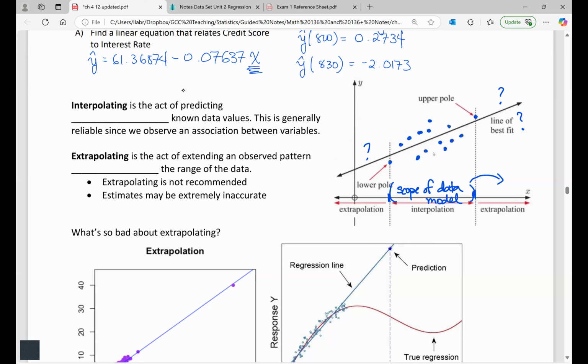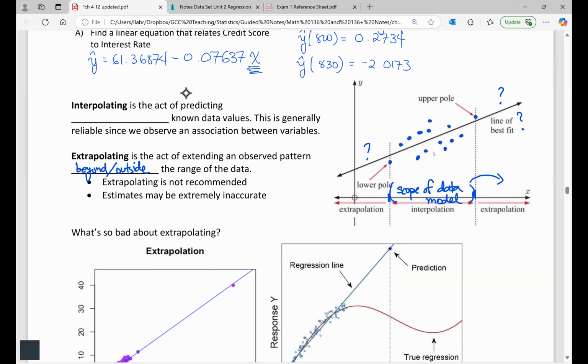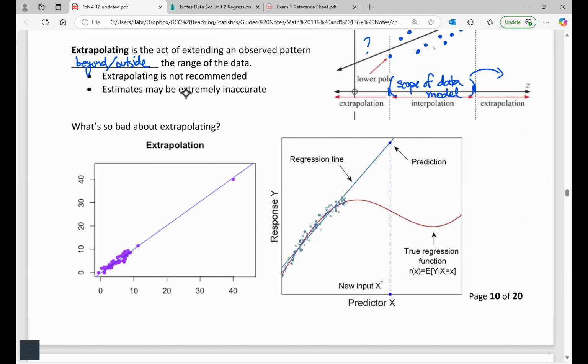So that's called extrapolation. It's the act of extending an observed pattern beyond the range of the data, or outside the range. And extrapolation is really not recommended. Part of the reason is that you can essentially get lucky.